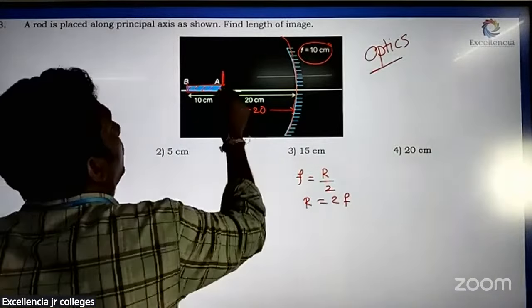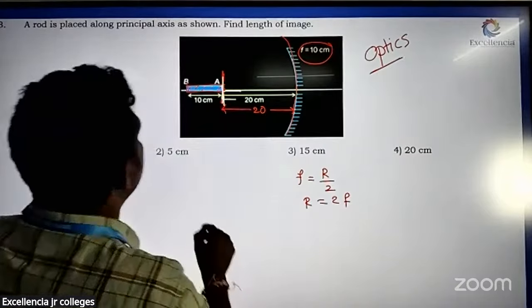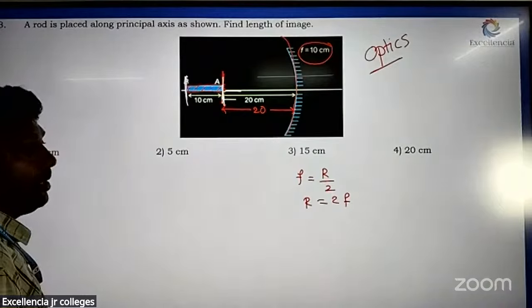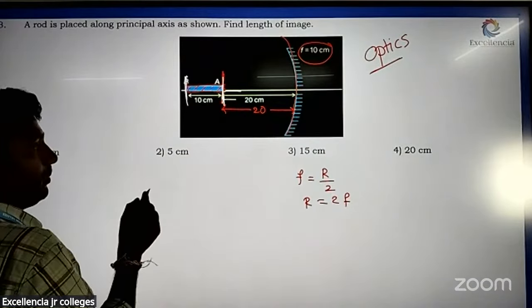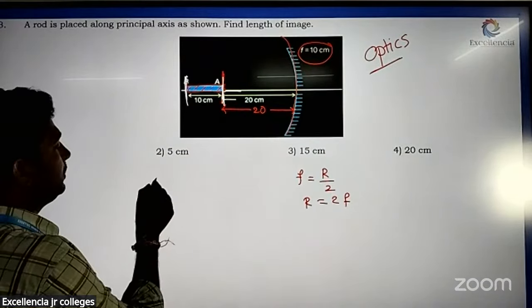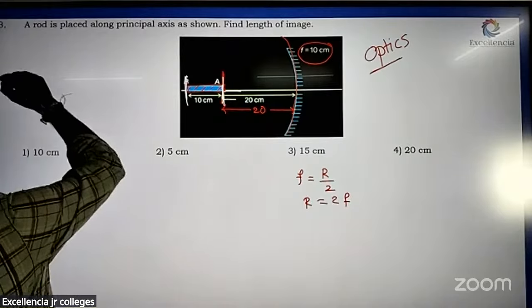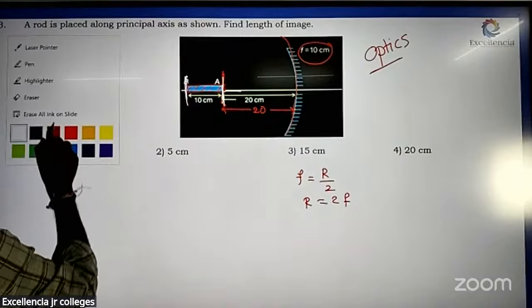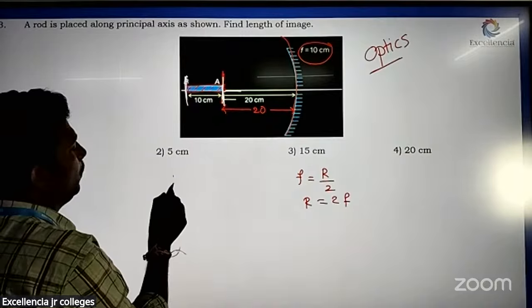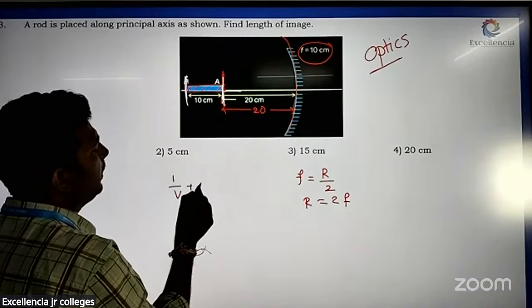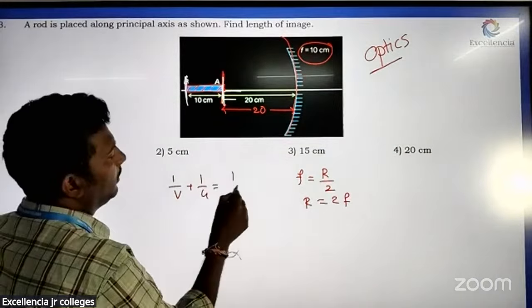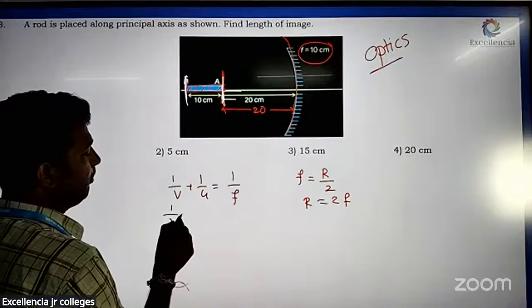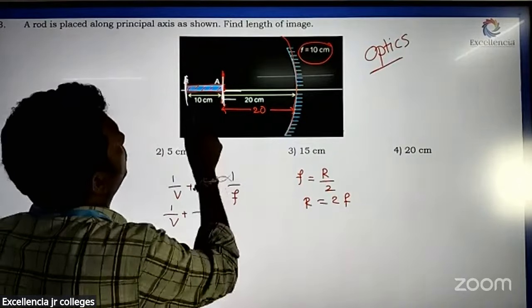And then what is the image of B? We have to find the image of B. For that we have to use the mirror formula, which is 1 by V plus 1 by U equals 1 by f. We need to find the V value. What is the U value for B?